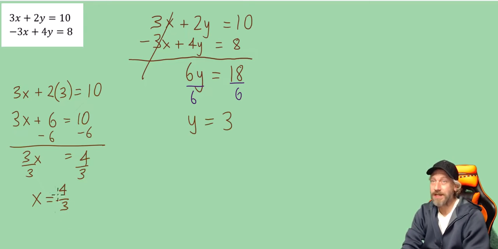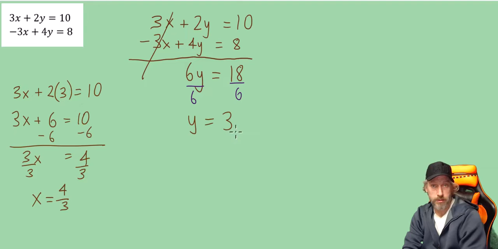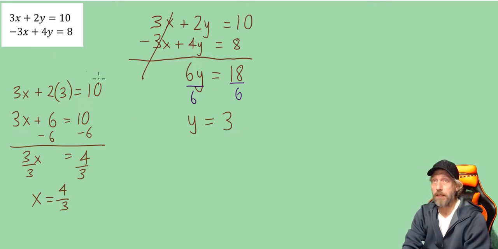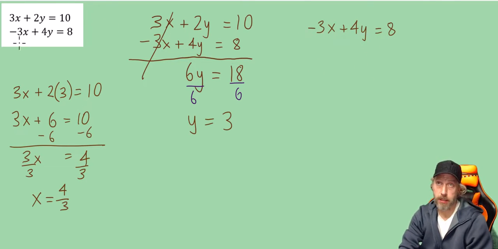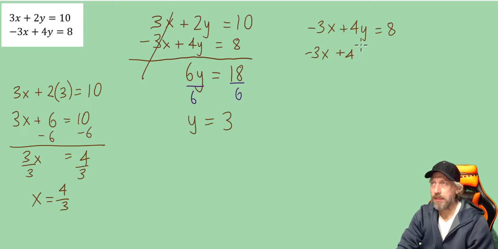Of course, this can happen, but let's plug into or substitute that y equals 3 into our second equation. Let's make some space over on the right side, and we're trying negative 3x plus 4y equals 8. That's our second equation. We know that y equals 3. So we have negative 3x plus 4 times 3 equals 8.